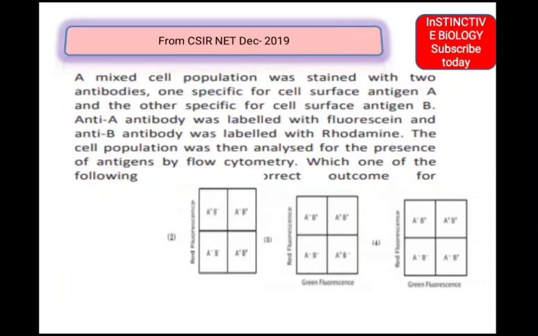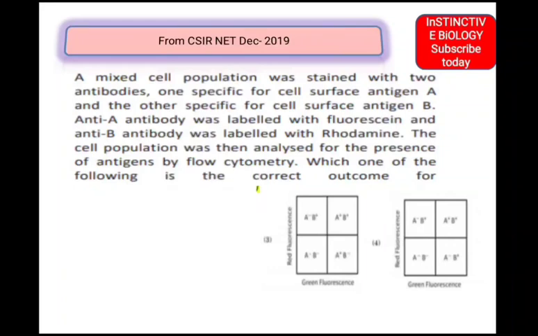In the second option they have given the upper left panel as A plus B minus, but A cell shows green color fluorescence and B cell shows red color fluorescence. So the correct option for the upper left panel should be A minus B plus. So the second option is also not correct.